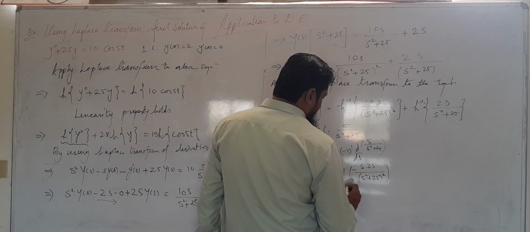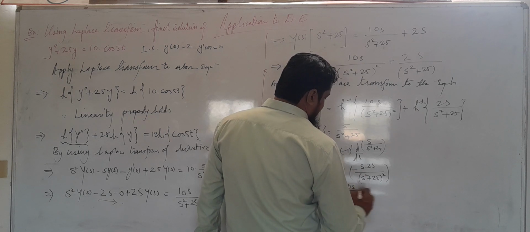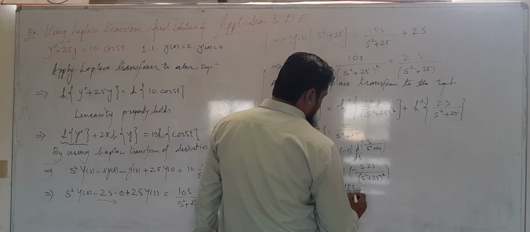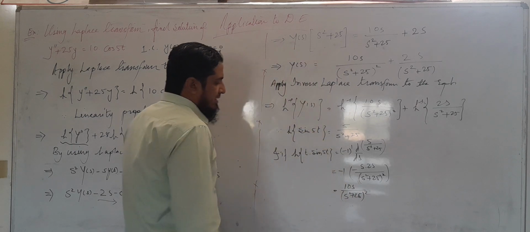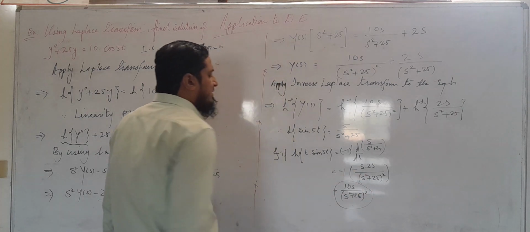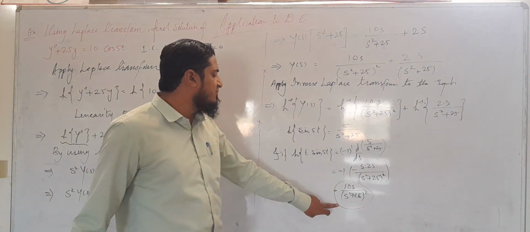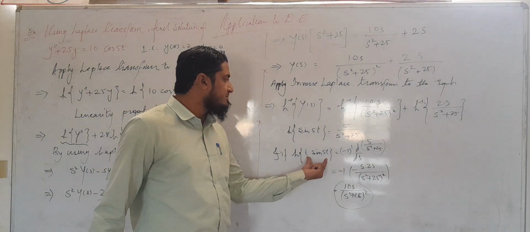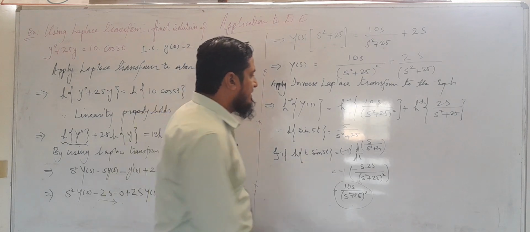Minus 1 will become plus, and it will give us 10s upon s square plus 25 whole square. And if we take inverse Laplace of this, we will get t sin 5t.